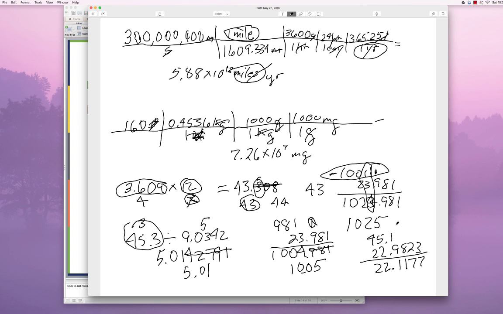Again, your uncertainty begins right here. So you need to get rid of this. And so this is less than 5, so the answer is 22.1 in the proper number of significant digits.